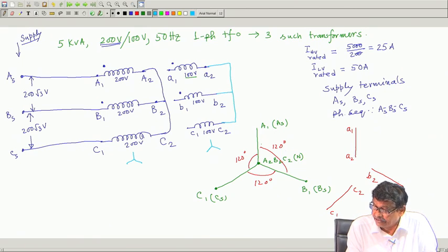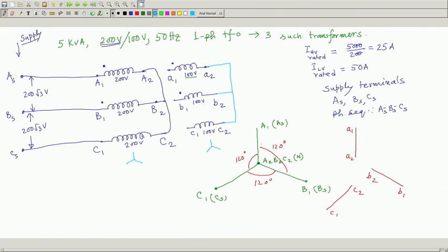Therefore, these 3 phasors cannot now remain in isolation. What will happen is that A2 is connected to B2 and C2.